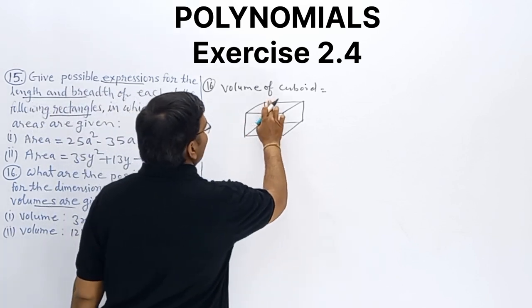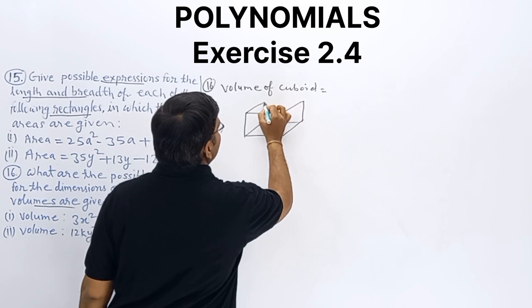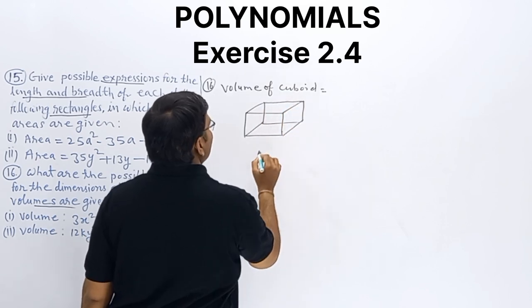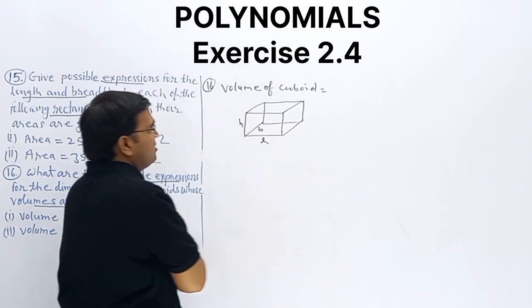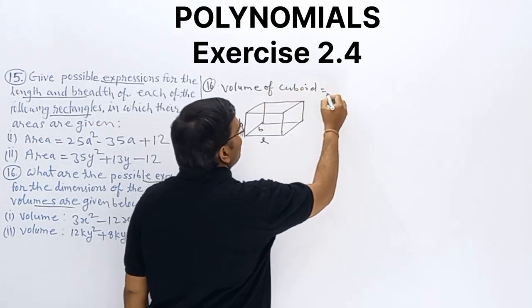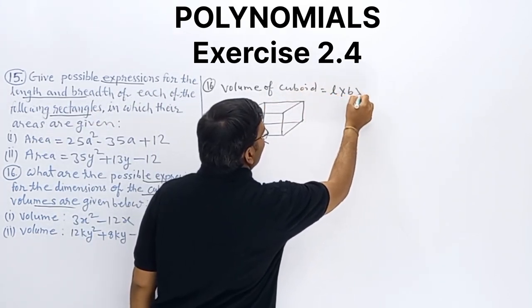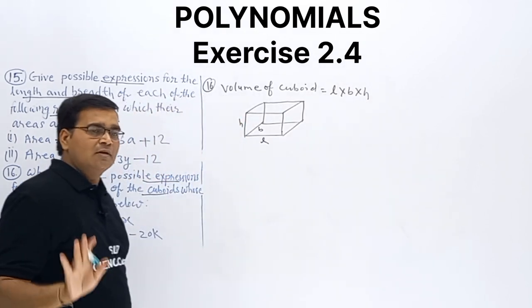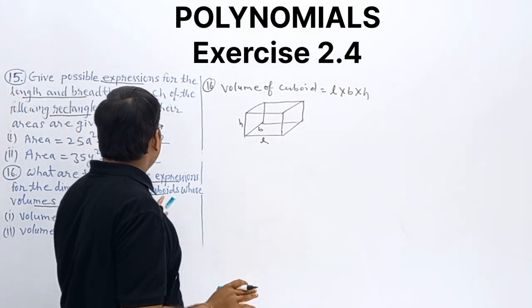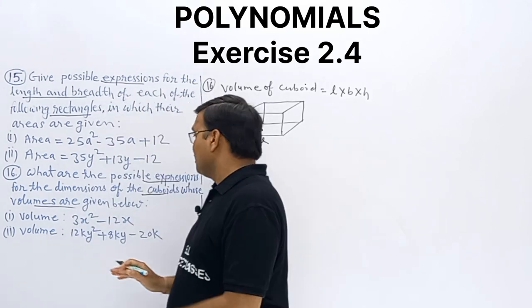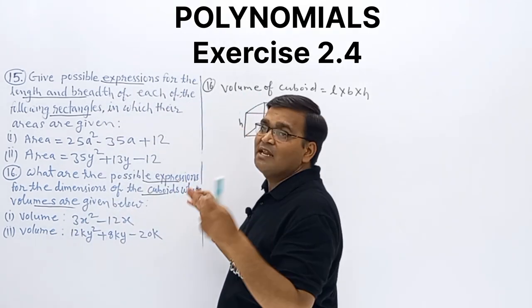So its length is L, its breadth is B, and its height is H. Then we can say the volume of a cuboid will be length into breadth into height. Observe, not hard. What are the possible expressions for the dimensions of the cuboid whose volumes are given? We are having volumes.